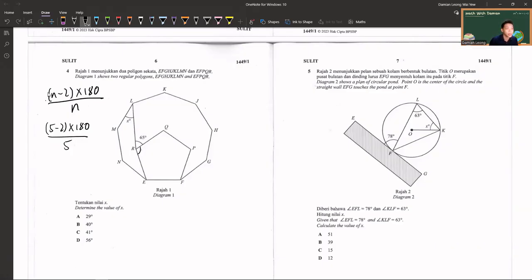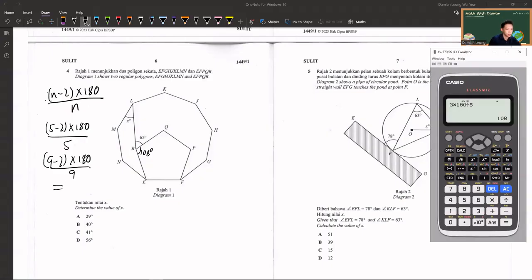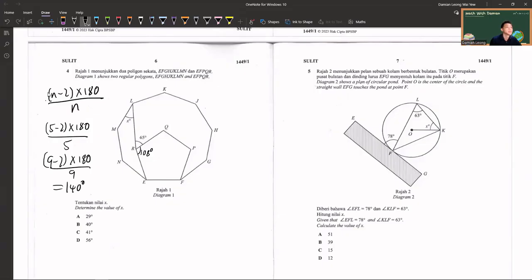So 108 degrees. Then for the other polygon, 1, 2, 3, 4, 5, 6, 7, 8, 9, 9 sides. So 9 minus 2 times 180 divided by 9. 7 times 180 over 9, 140. Nilai sudut dia 140 darjah.